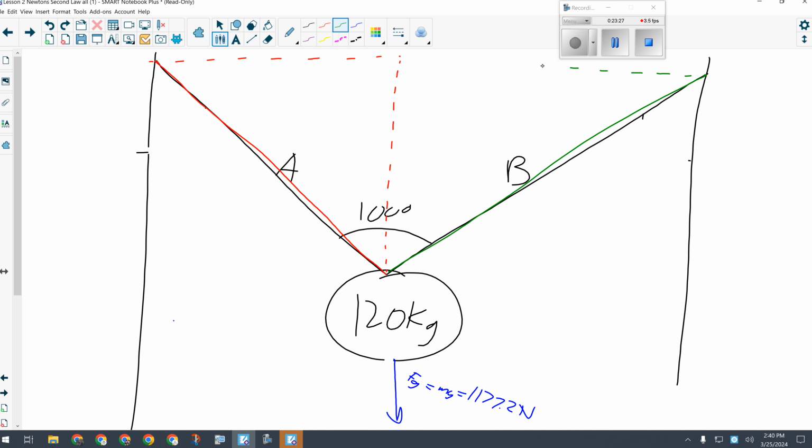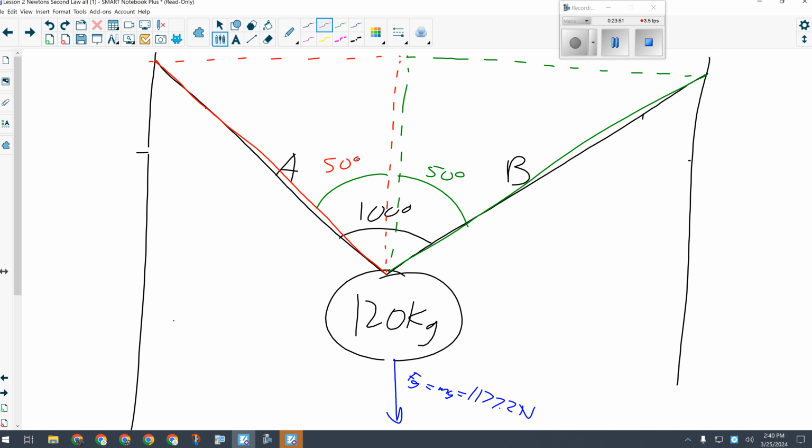Only because I'm a terrible drawer. Okay, so they each have a triangle that looks like this. Everybody all right with that? This angle then, for each one of them, is 50 degrees. Even for the red triangle, because I'm splitting that 100 degrees in two.